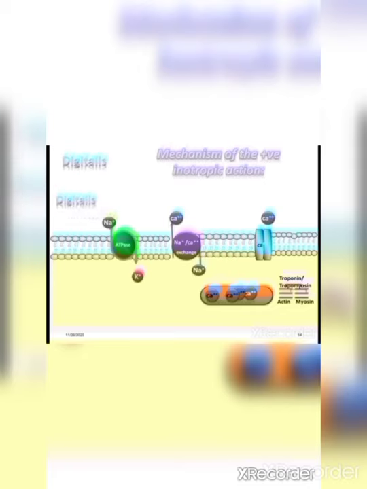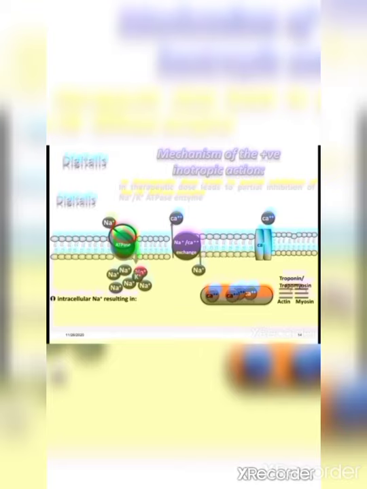Now when Digitalis comes around, Digitalis hooks up with the potassium side of this pump and blocks it. So it inhibits the sodium-potassium ATPase pump, which results in increased concentrations of sodium intracellularly. So hence sodium builds up inside the cell.